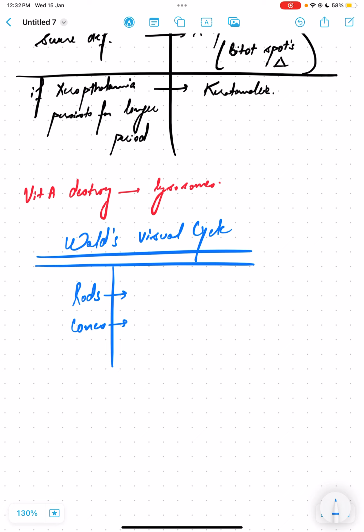Remember, the name cone starts with C, so it helps to visualize color, and rods basically help us to see in the dim light. So this concept should be clear: what is the function of rods and what is the function of cones?